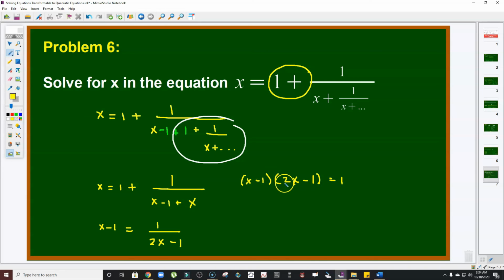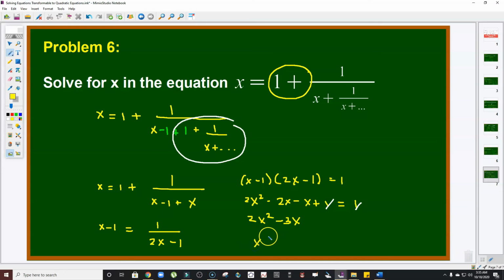Then FOIL method. X times 2x, that's 2x squared. This one is negative 2x. This one is negative x. And lastly, this is positive 1 equals 1. Now, obviously, the 1s cancel, right? So, combining like terms, I'm going to have 2x squared minus 3x.